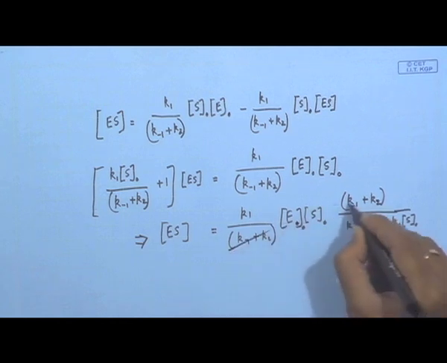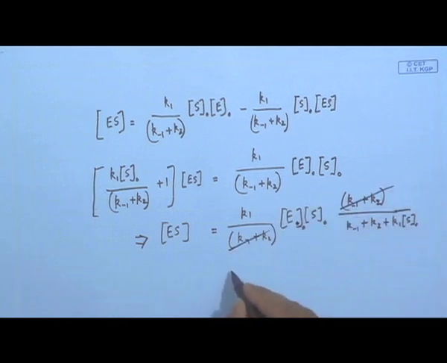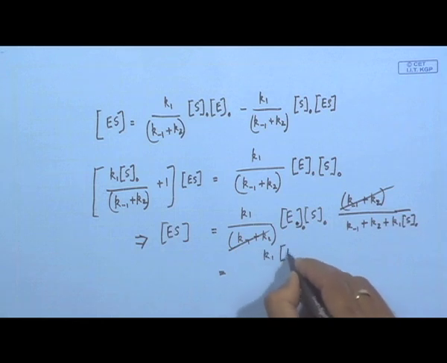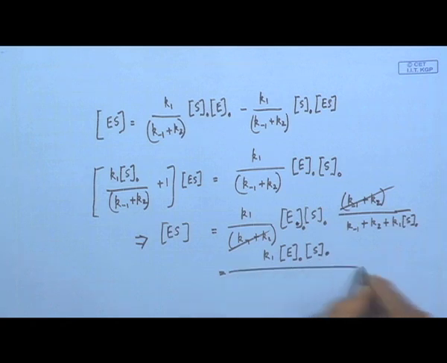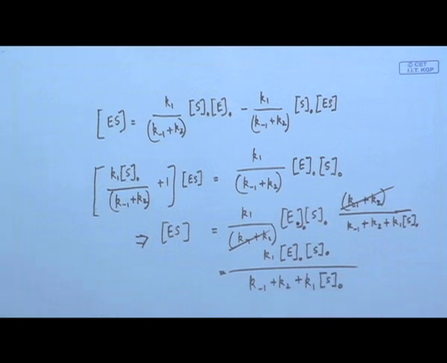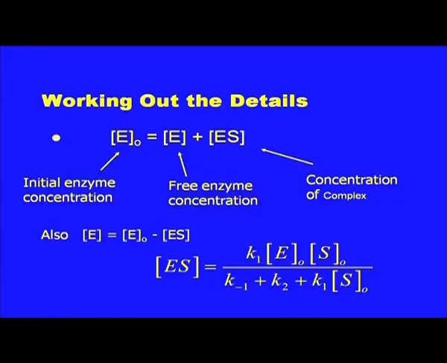So these two cancel. Therefore it will be K1 E0 S0 divided by K minus 1 plus K2 plus K1 S0. So this is the enzyme substrate complex concentration.